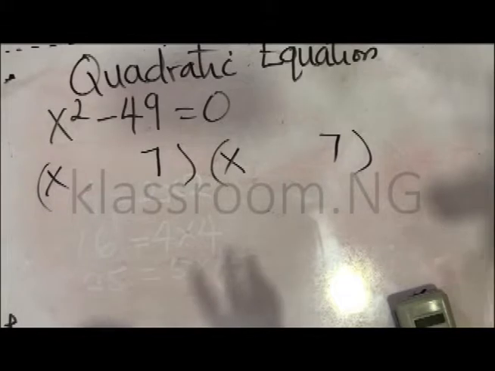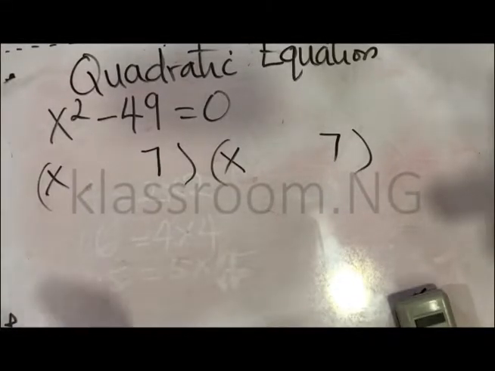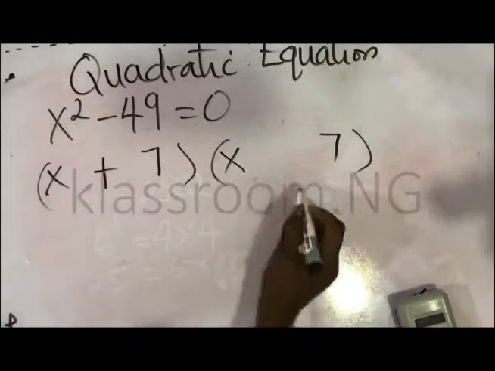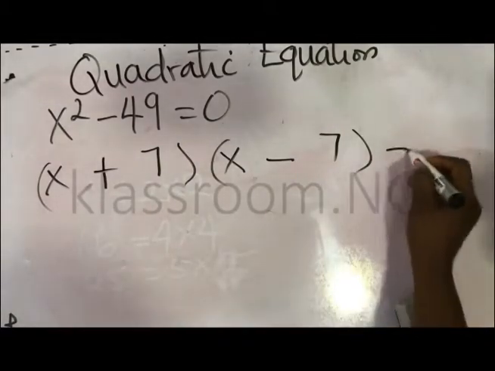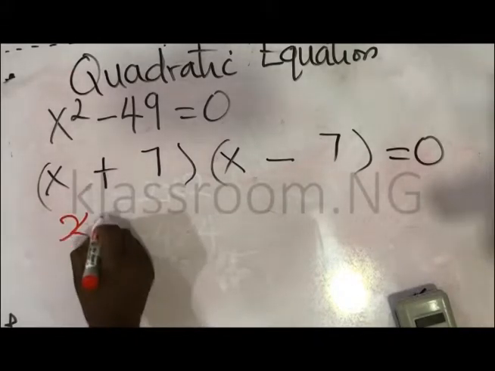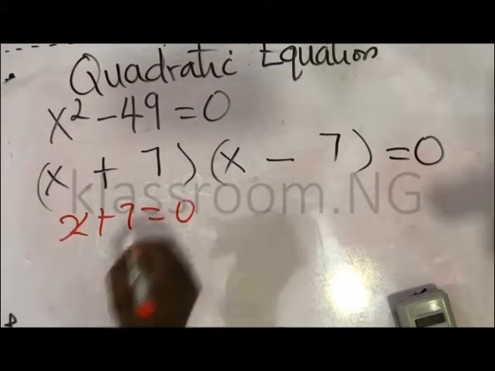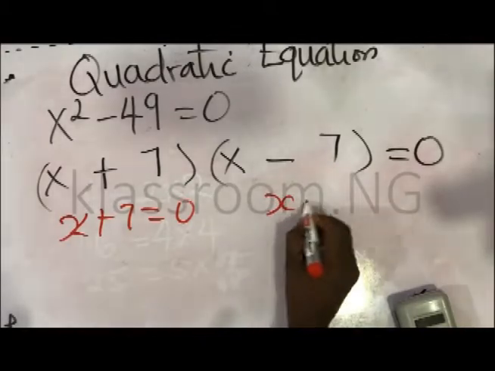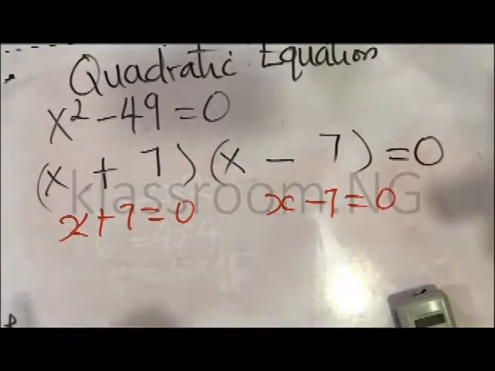Now following the rule, minus times plus will give us minus, plus times minus will give us minus. So we can put plus and minus here, equal 0. We're going to solve this question one at a time. So we have x plus 7 equals 0, and we have x minus 7 equals 0.